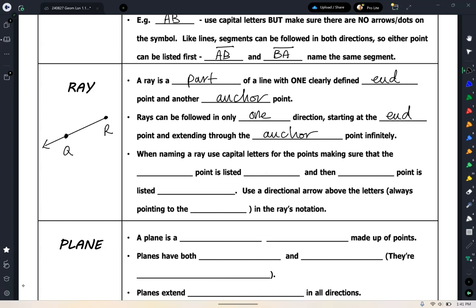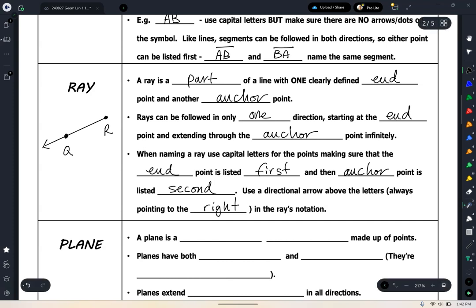Now this is the one that's important. When we're naming a ray, there's a very specific way that we have to do that. We have to make sure that the end point is listed first, and then the anchor point is listed second. Now the way that we name rays, we use a directional arrow above the letters, always pointing to the right.